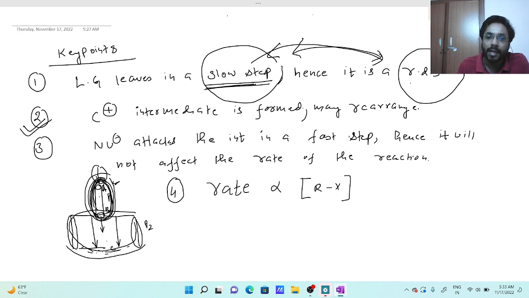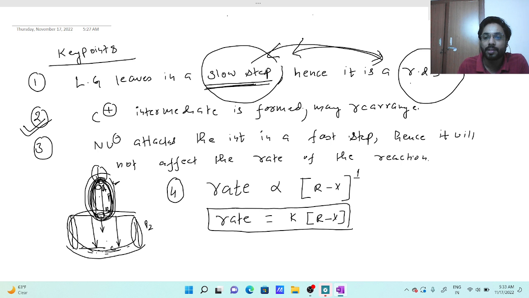So rate is proportional to the concentration of alkyl halide to the power 1. Rate is equal to k into concentration of RX. This is the rate expression of the SN1 reaction.